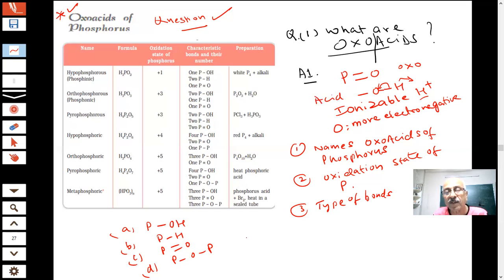Here different types of structures will be formed. The question is very important: structures of oxoacids of phosphorus.